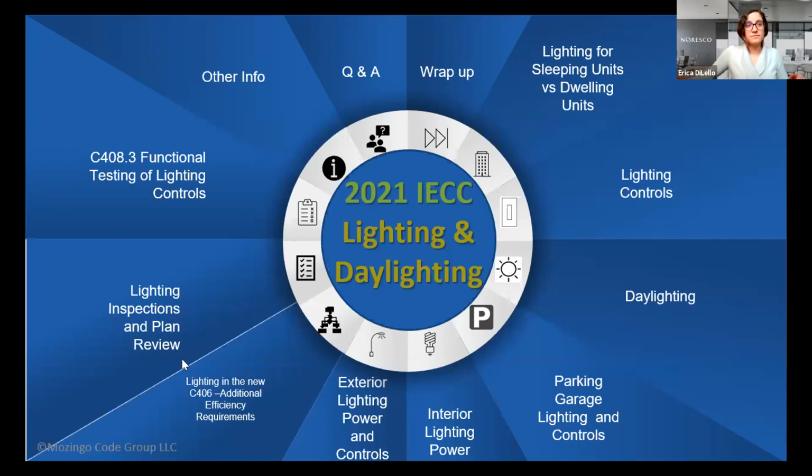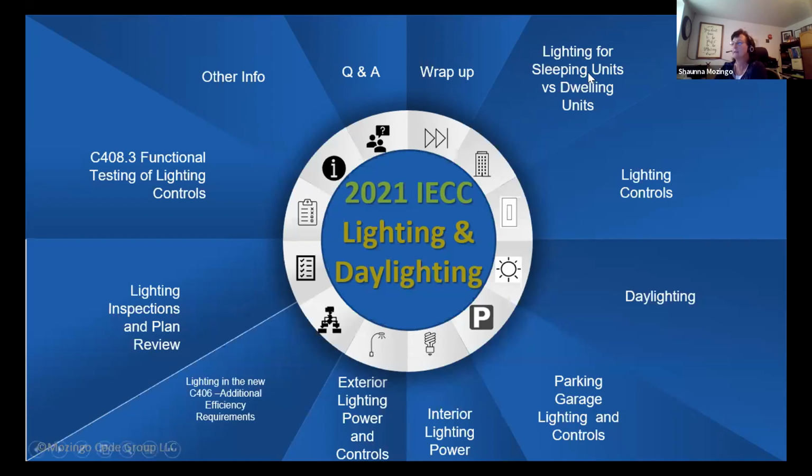All right, perfect. Okay, well, we're going to talk about some lighting and daylighting today in the 2021 IECC. So a little bit about the lighting in dwelling units versus sleeping units, the lighting controls, which is a big part of the lighting, turning those lights on and off. Daylighting, parking garage lighting, interior lighting power, that's the watts that we want to reduce.